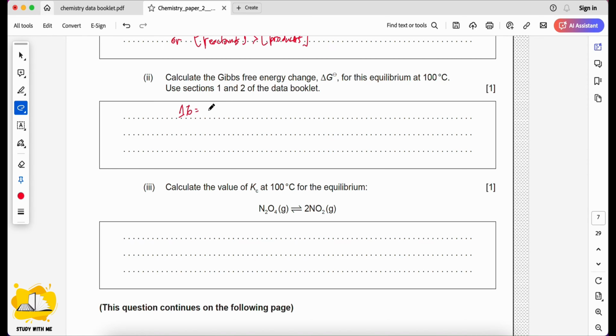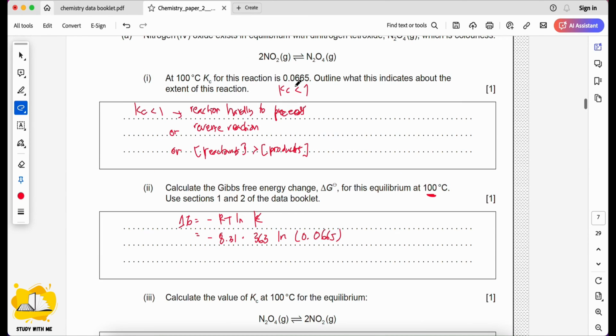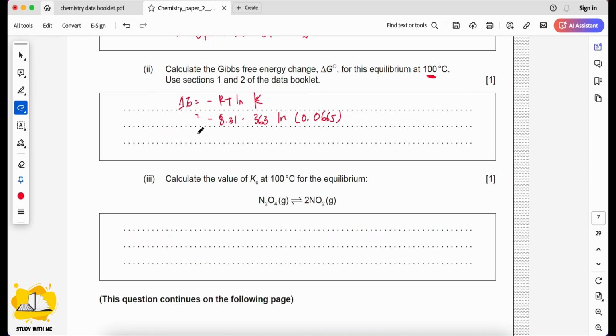So delta G is negative RT ln K. So negative 8.31 times 363, because the temperature is 100 degrees Celsius, which in Kelvin is 363, and 0.0665 comes from this number. So you will get 8.40 kilojoule per mole.